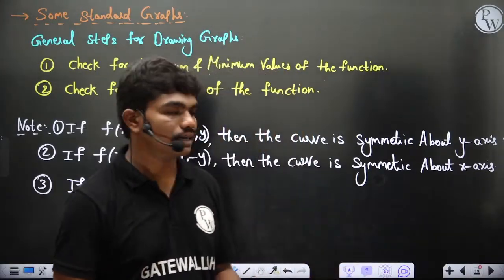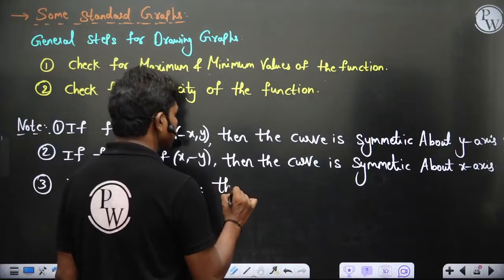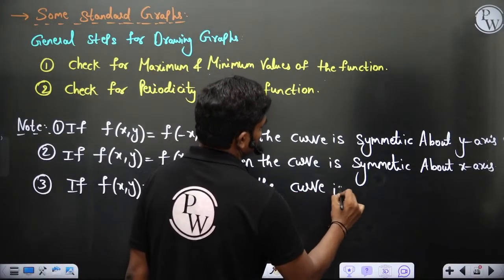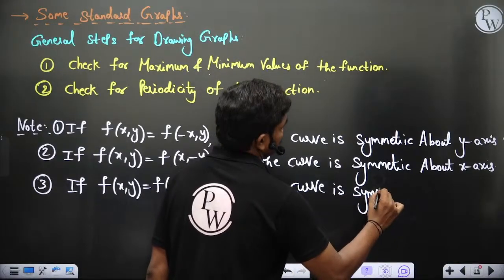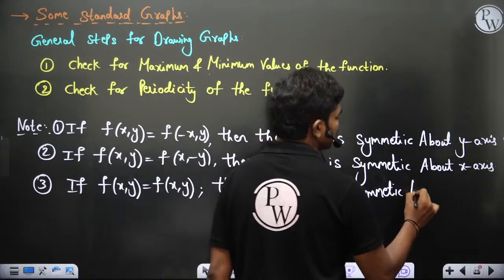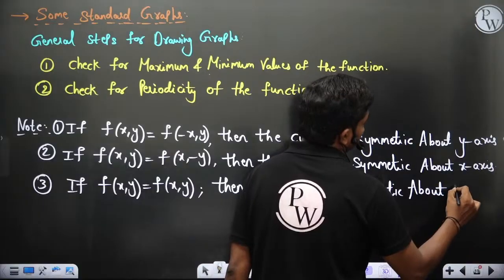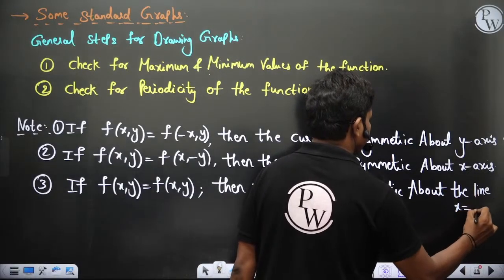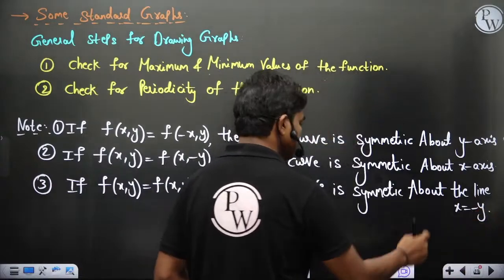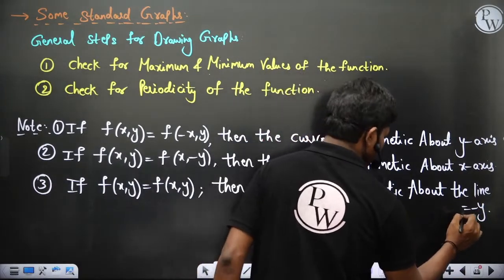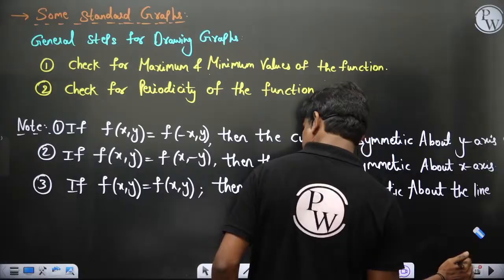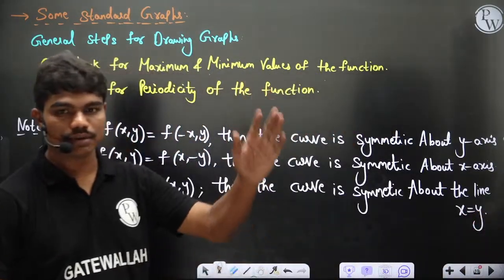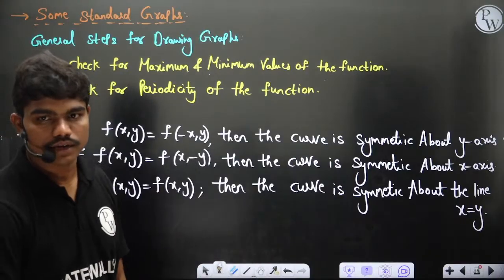So ultimately the curve is symmetric about the line x equal to y. Yes, it should be symmetric about the line x is equal to y.